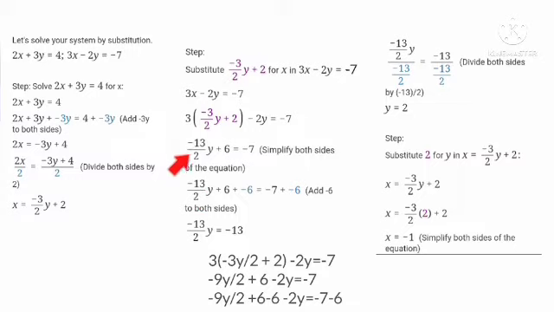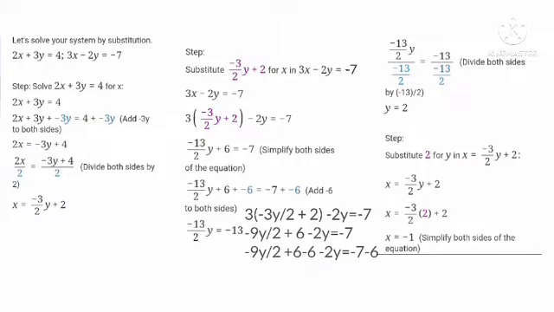Now, I want to show you how we arrive at negative 13y over 2. So let's come down here. Look at what I want to explain to you on this side.